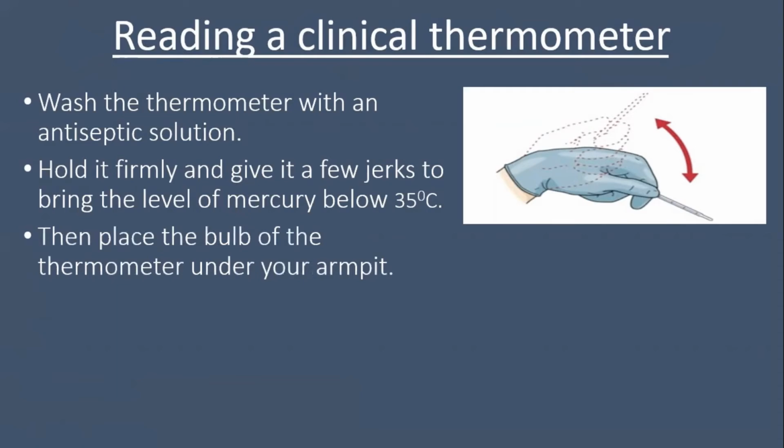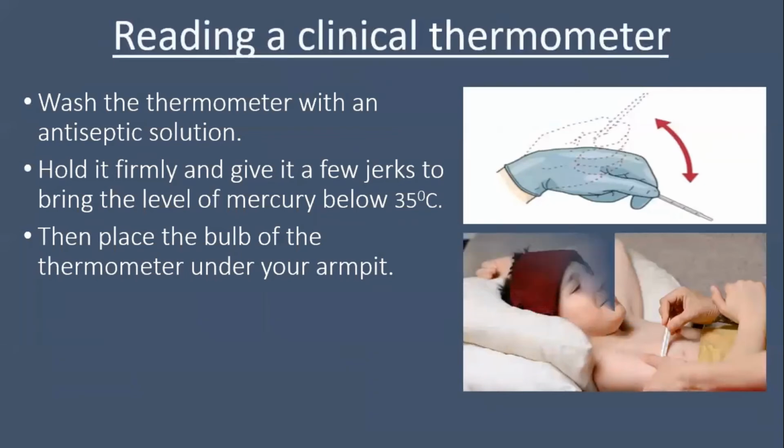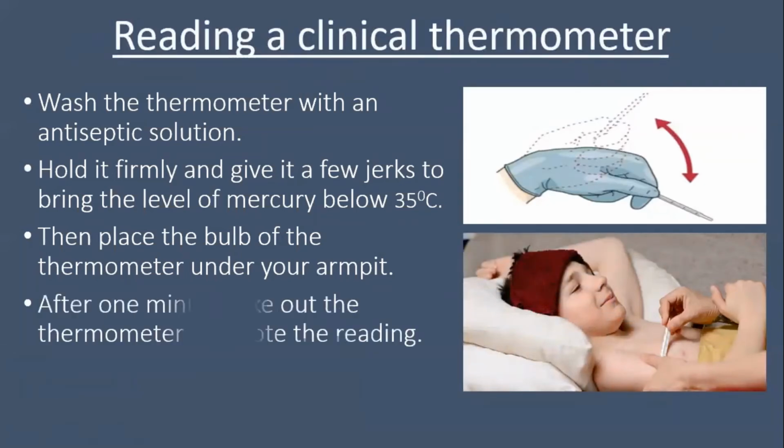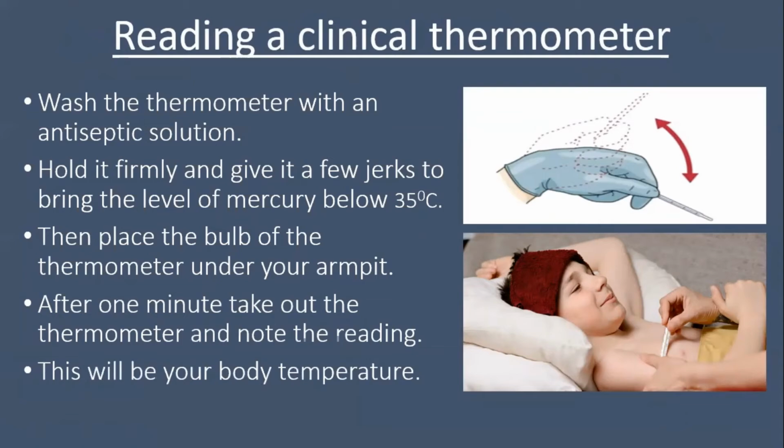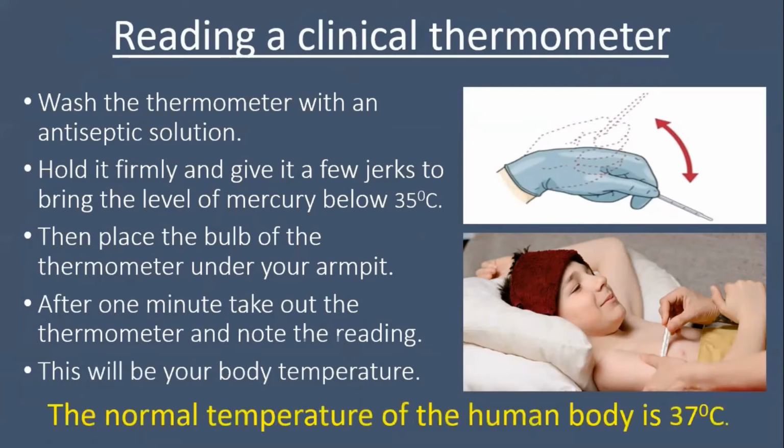Then place the bulb of the thermometer under your armpit. After 1 minute, take out the thermometer and note the reading. This will be your body temperature. The normal body temperature of the human body is 37 degrees Celsius.